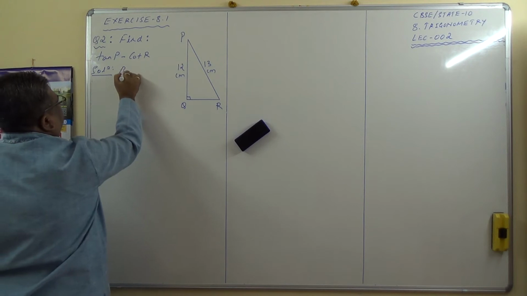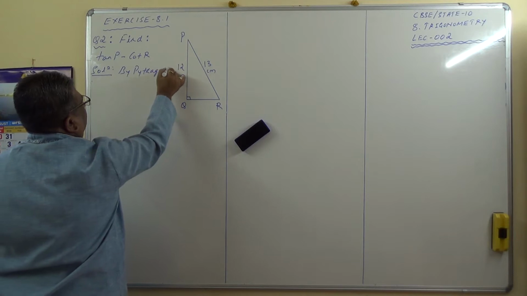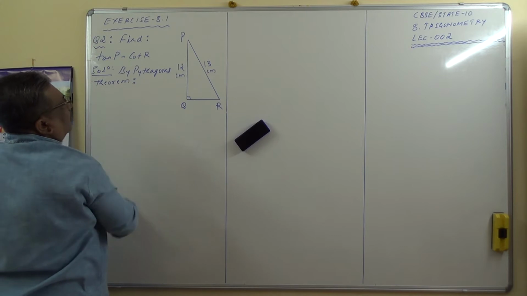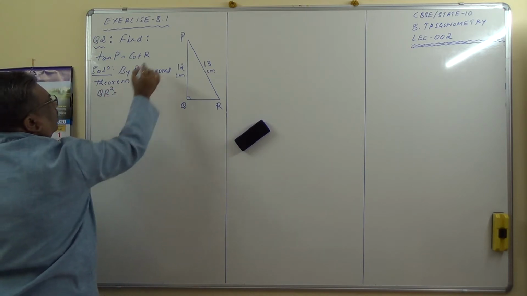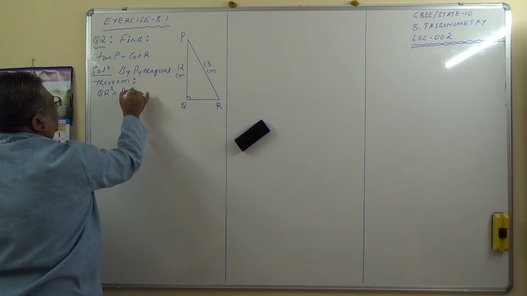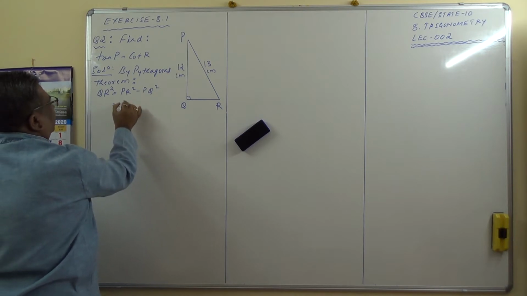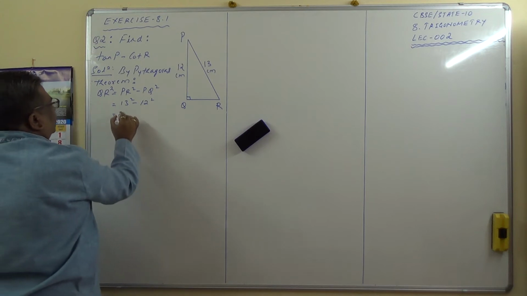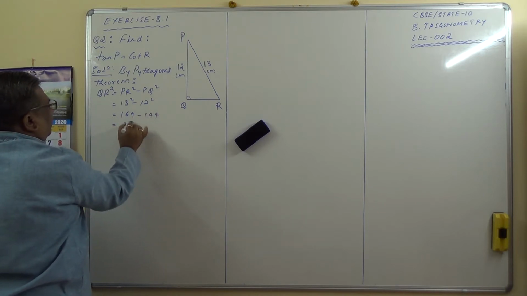By Pythagoras theorem, QR square equals PR square minus PQ square, 13 square minus 12 square, which is 169 minus 144, 25.